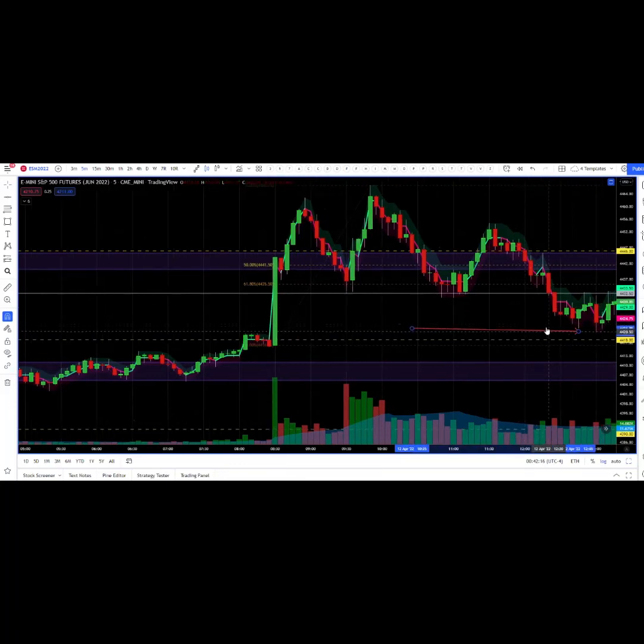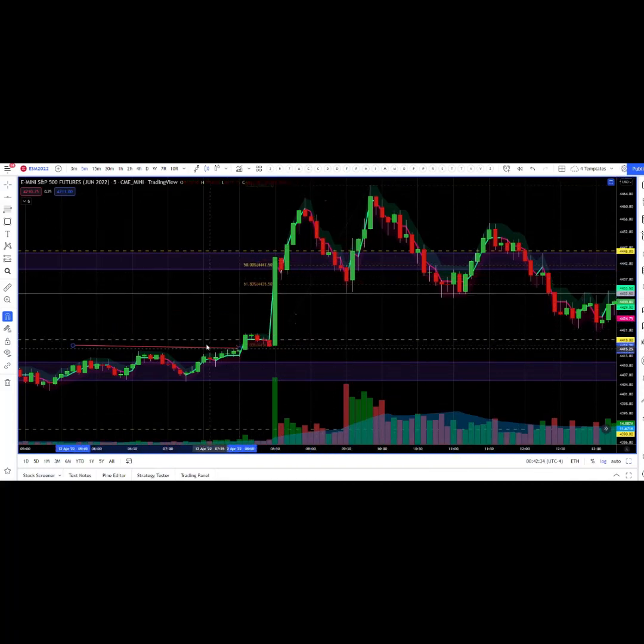So now the question is, is this a long? And usually I would say no. But there would be reasons to get long if on the higher time frame you were one time framing up and you got this kind of pullback, then this opportunity is great.